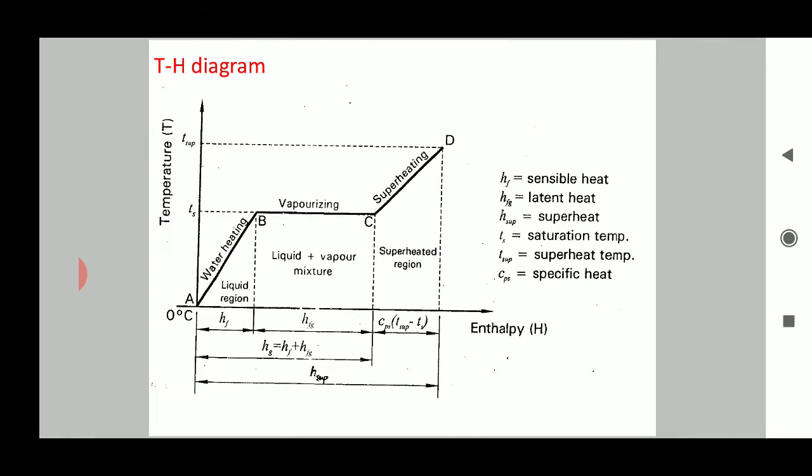So next, it is once again mentioned here, the temperature enthalpy diagram. This is also shown here in order to understand the condition of the steam, based upon whether it is a wet steam, a dry saturated steam, or a superheated steam.